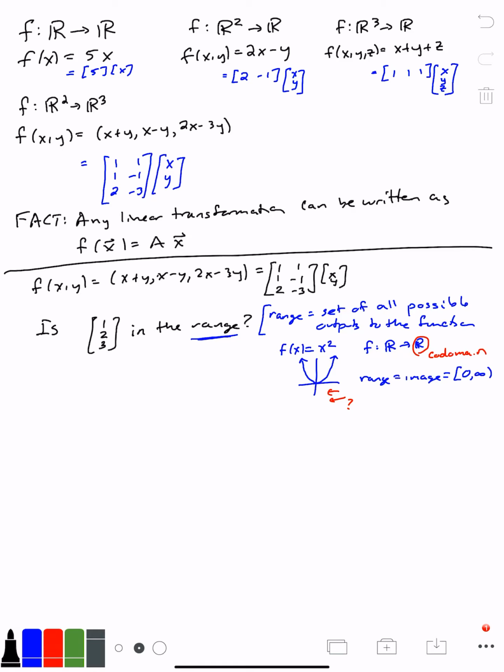So when we're asking this question here about range, I'm asking, is this vector actually reached by our function? And if not, what can we say? And if it is, what can we say about that?